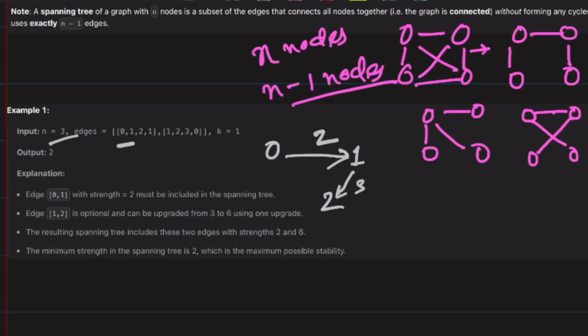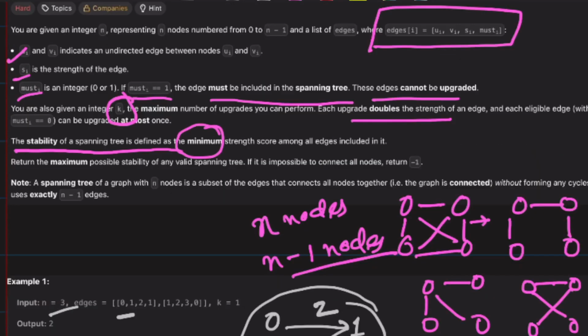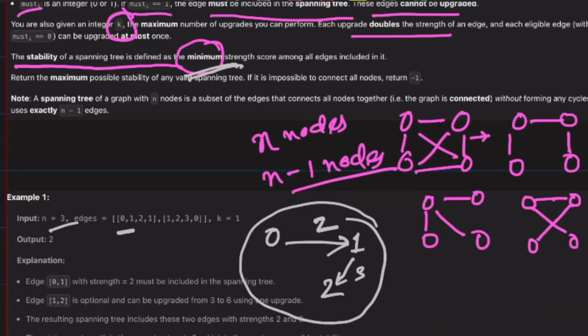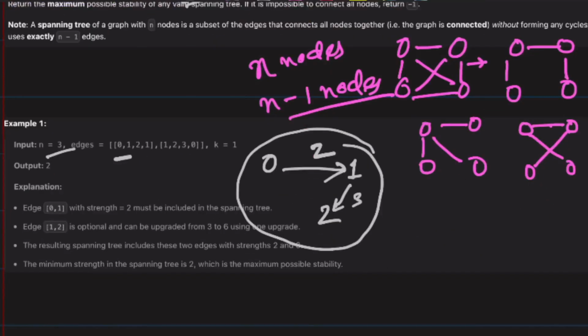This is the only spanning tree we have. The minimum strength of both edges is 2, so the answer is 2.